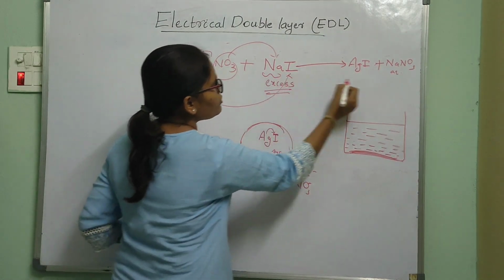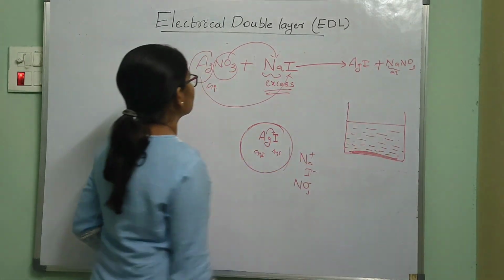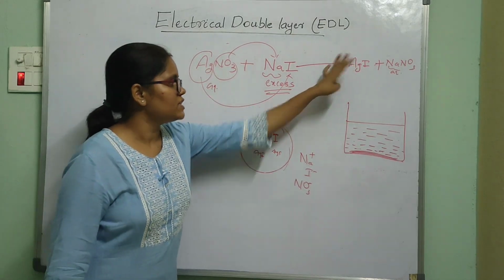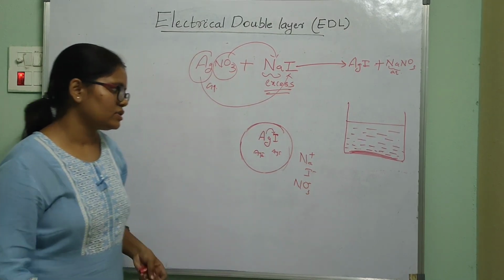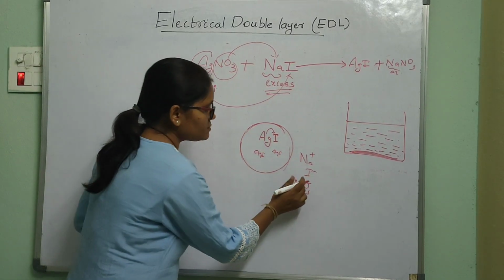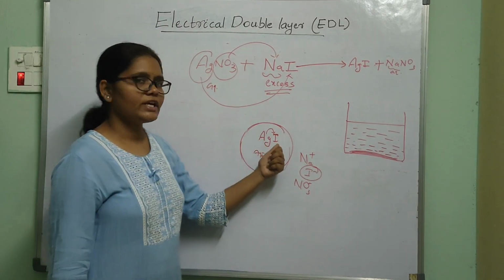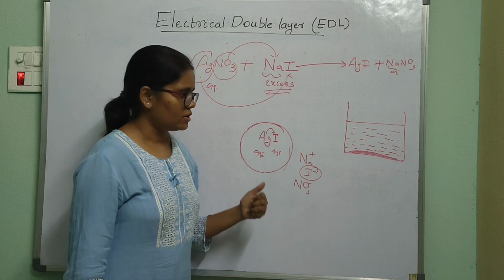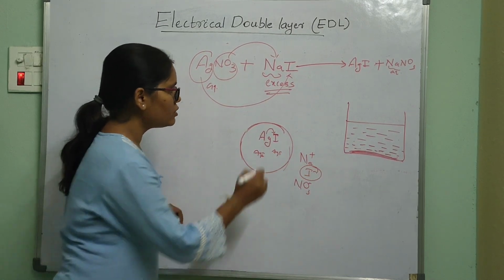So we have sodium ions, iodide ions and nitrate ions. Do we have anything else? No. We only have silver iodide, sodium ions, iodide ions and nitrate ions. Now what happens? This colloidal particle absorbs the common ion. So in silver iodide you have iodine, and even in the solution you have iodide ion. So this colloidal particle will absorb this common ion on its surface.